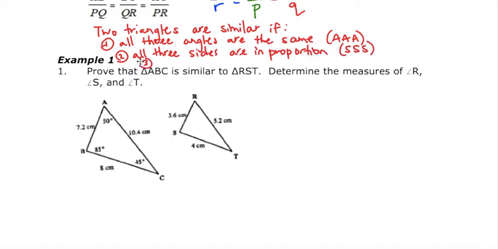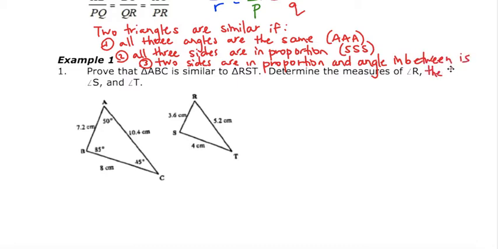And the last one would be 2 sides are in proportion and the angle in between is the same. And we call that one side angle side.